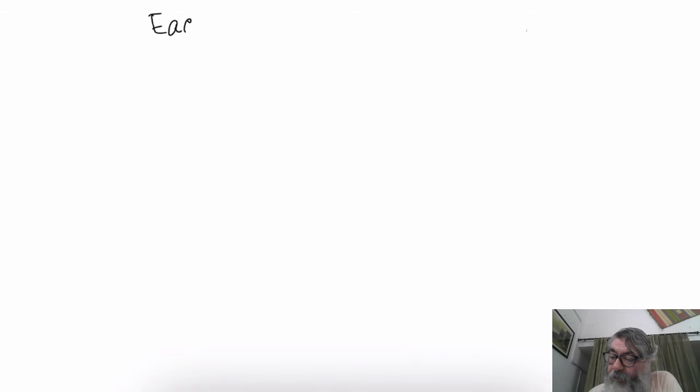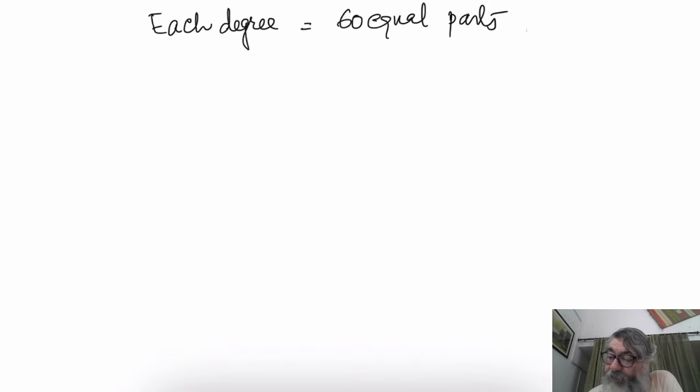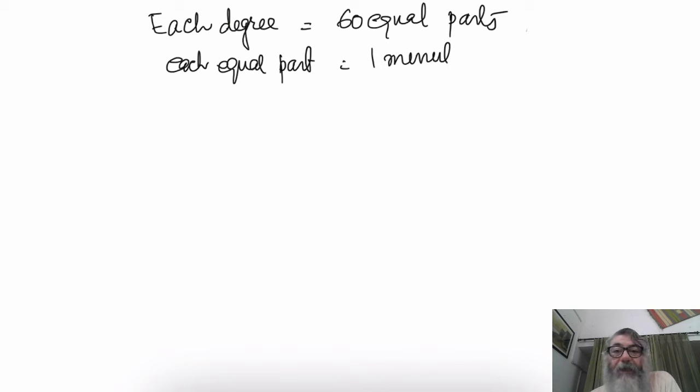Each degree is divided into 60 equal parts, and each equal part is equal to 1 minute. So there are two things.